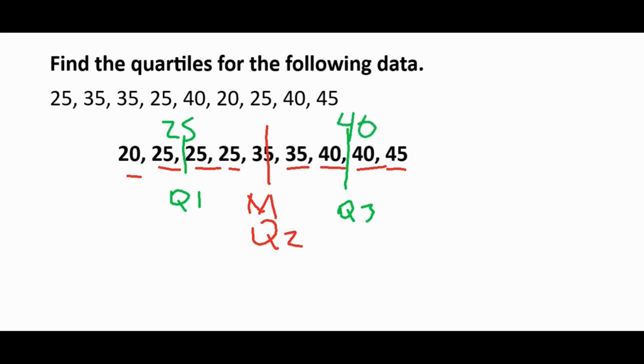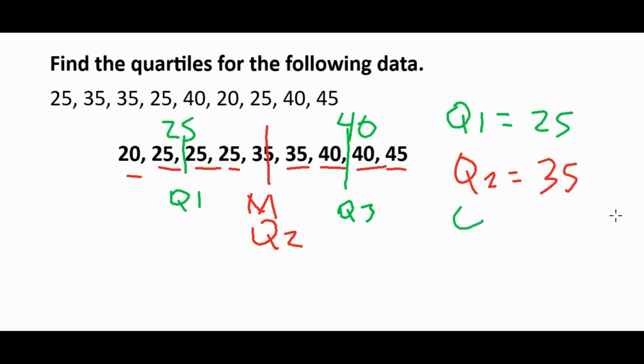So what are the quartiles for this? For Q1, our value is 25. For Q2, our number is 35. And for Q3, our number is 40.